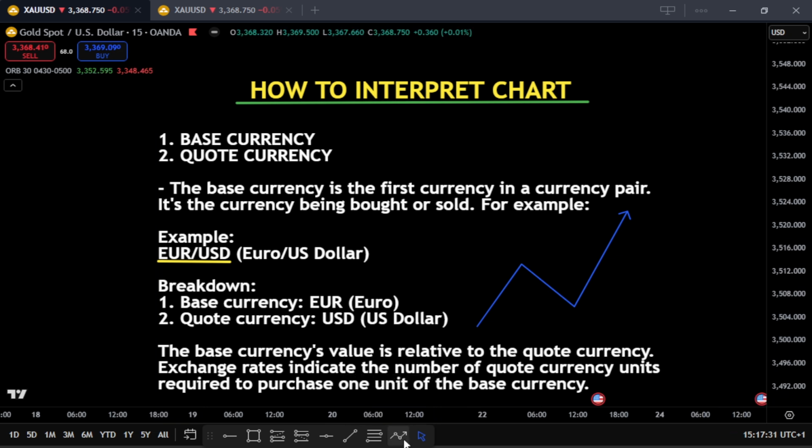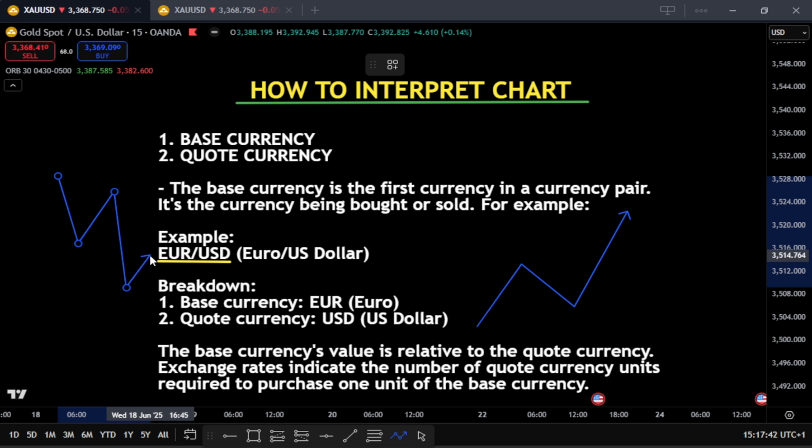But in an instance where the quote currency becomes stronger than the base currency, you would have this, you would have a downtrend to contend with. So basically that's what it means.